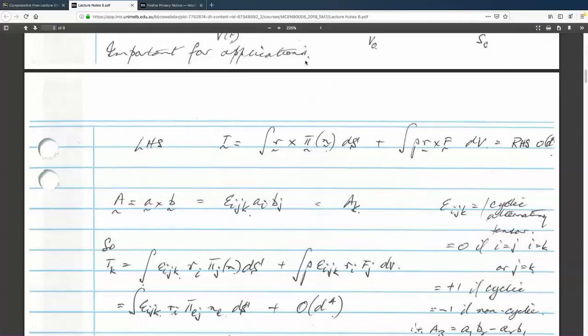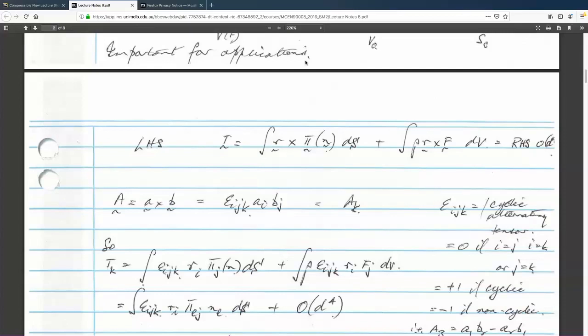So why is A, which is A cross B, this quantity here? We need to remind ourselves that if the suffix is repeated, then you have to sum it. So supposing I was interested in the k component of this vector A, one of them. So let's call it A_k. All right, so I'm going to hold k fixed.